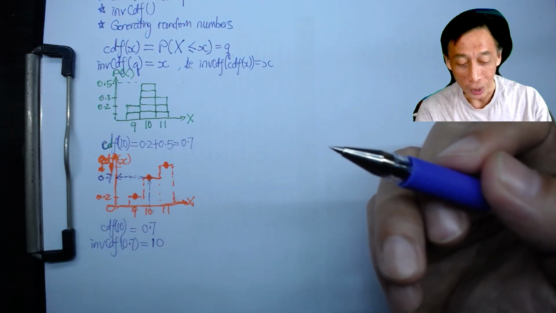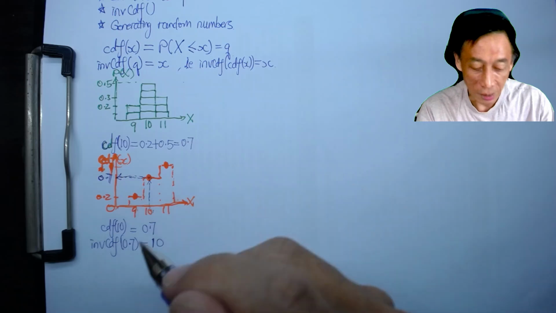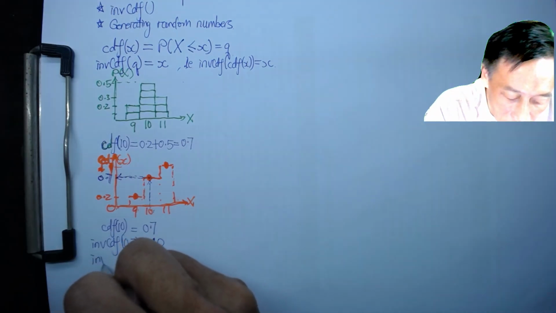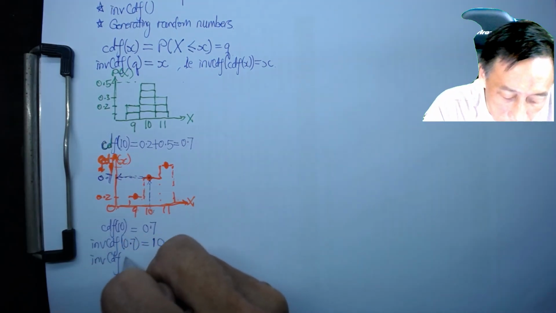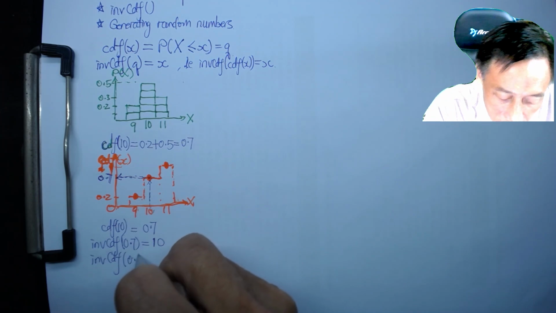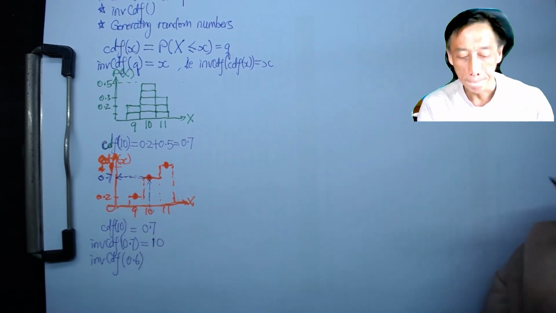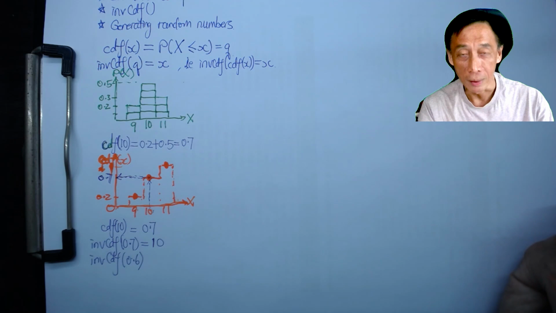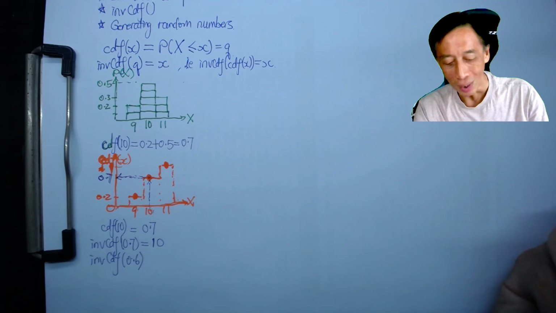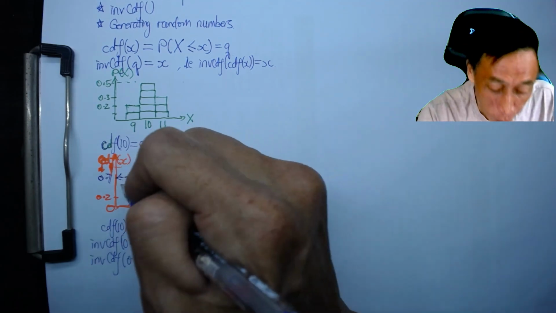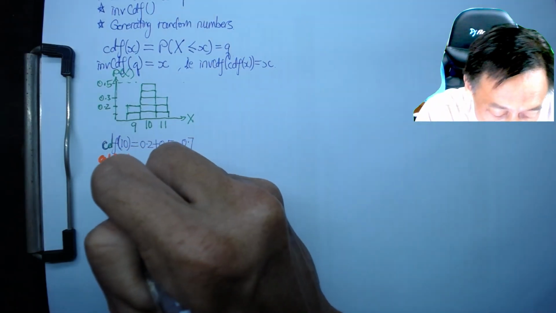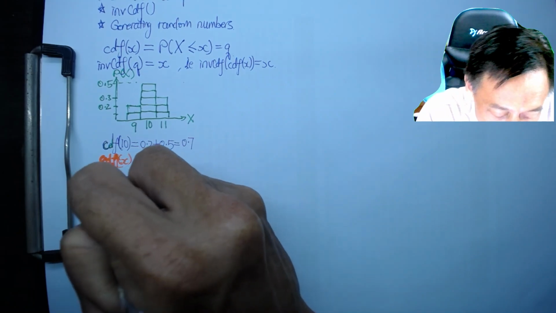Now, what if we have the inverse CDF of something else? Let's say 0.6. Then what happens? In this case, 0.6 is a little bit below 0.7.